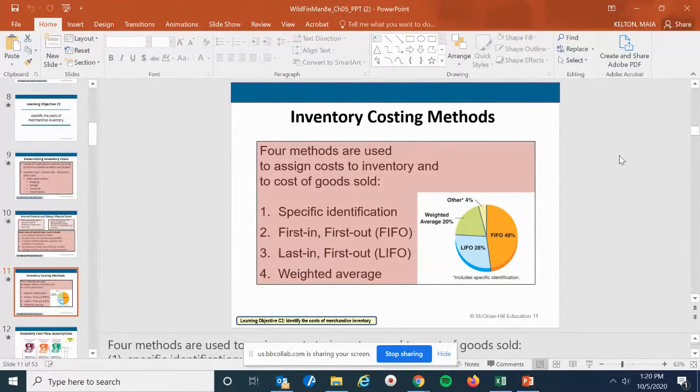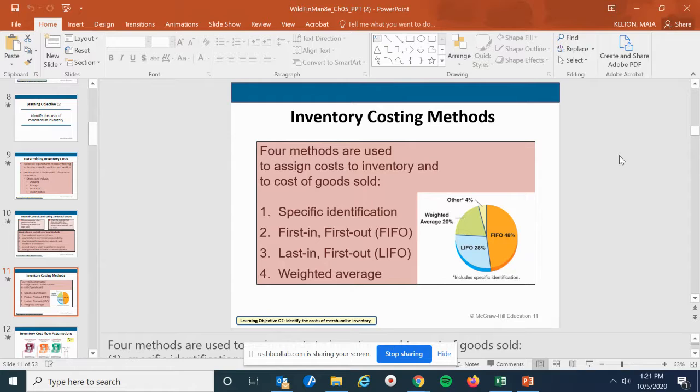Most US companies use first in, first out. As you can see on the pie chart, 48% of US companies use FIFO. And one of the reasons why they do that is because FIFO is simply a good business practice. First in, first out, if we look at the physical flow of inventory, is desirable for any company.